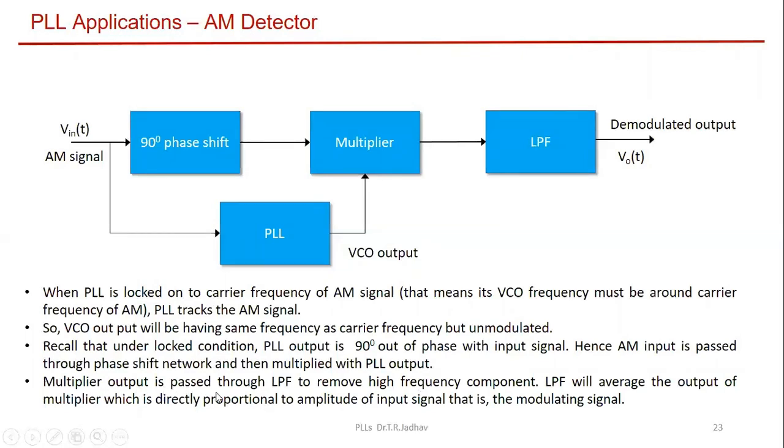That multiplier output, as we have seen, has two components, and that's why we pass it through the low pass filter. The low pass filter will remove the high frequency component and will average out the low frequency component to give the output voltage which is proportional to the modulating signal. So this is how we use the PLL as an AM detector.